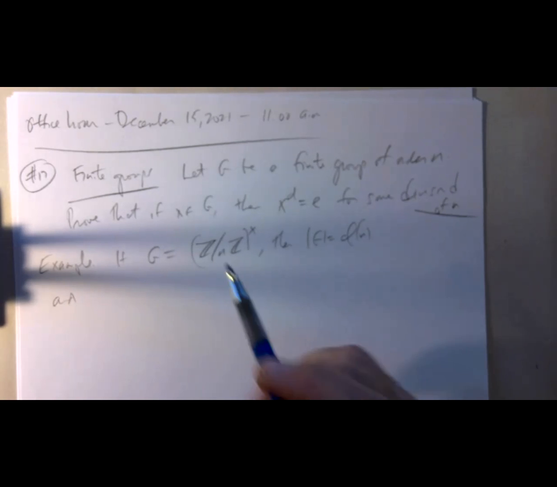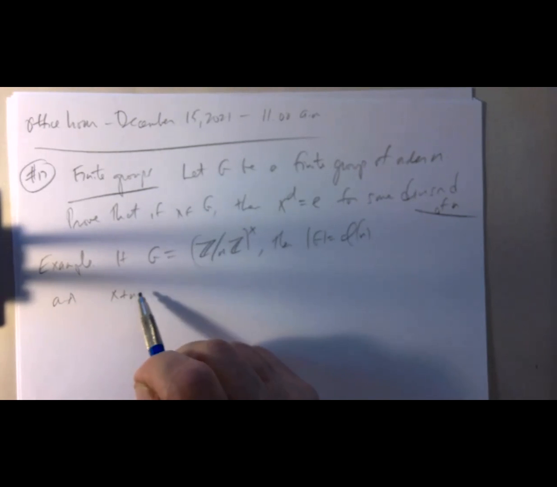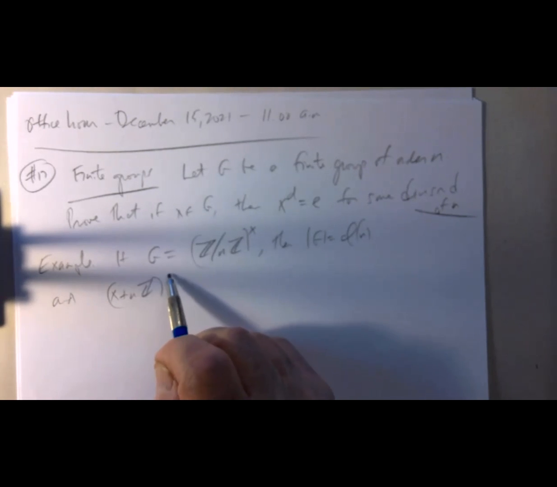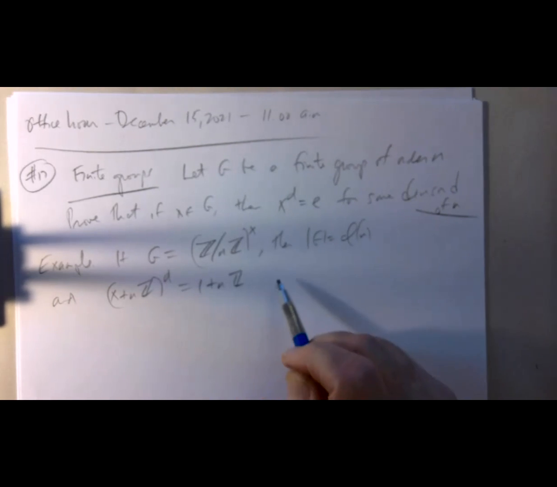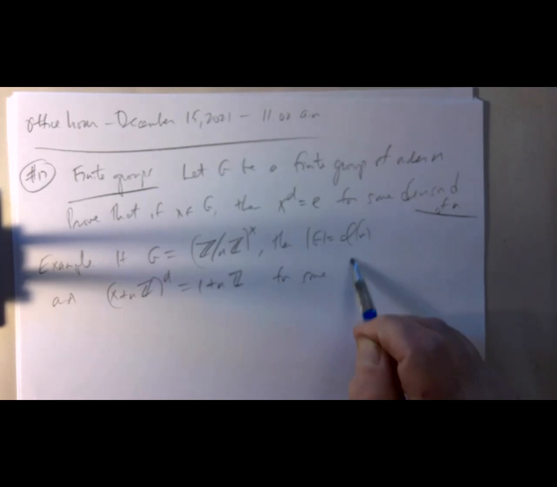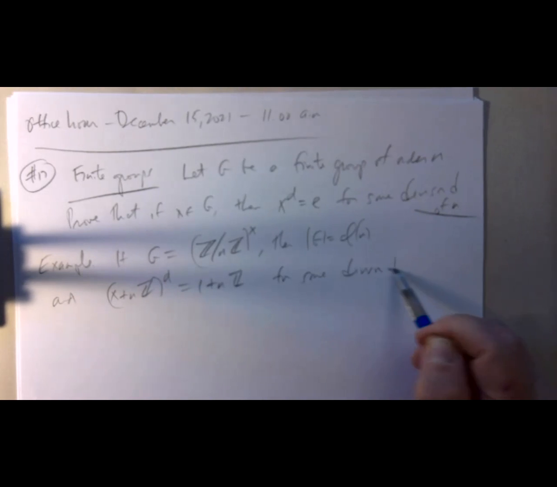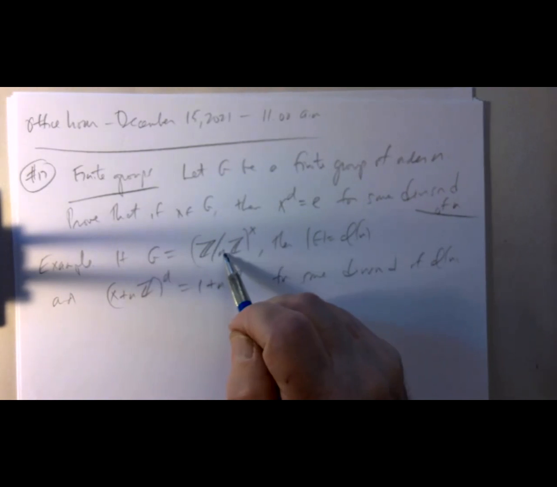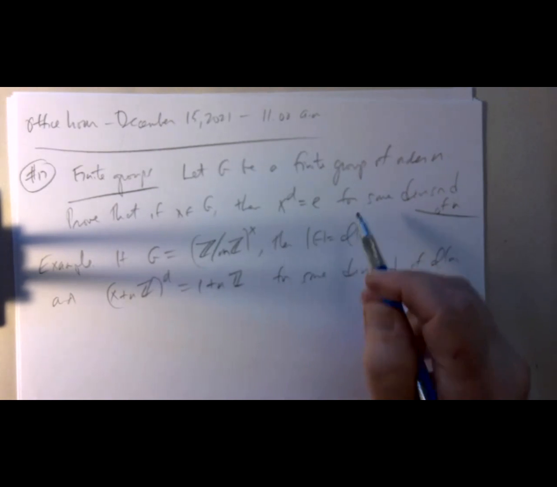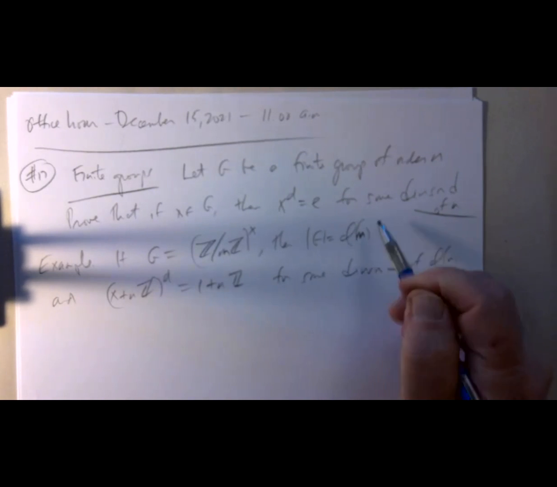And we know that if you take any congruence class x plus nZ, then x plus nZ to the d is 1, for some divisor d of, in this case, sorry, let's say we take this to be Z mod mZ. So the order is phi of m.